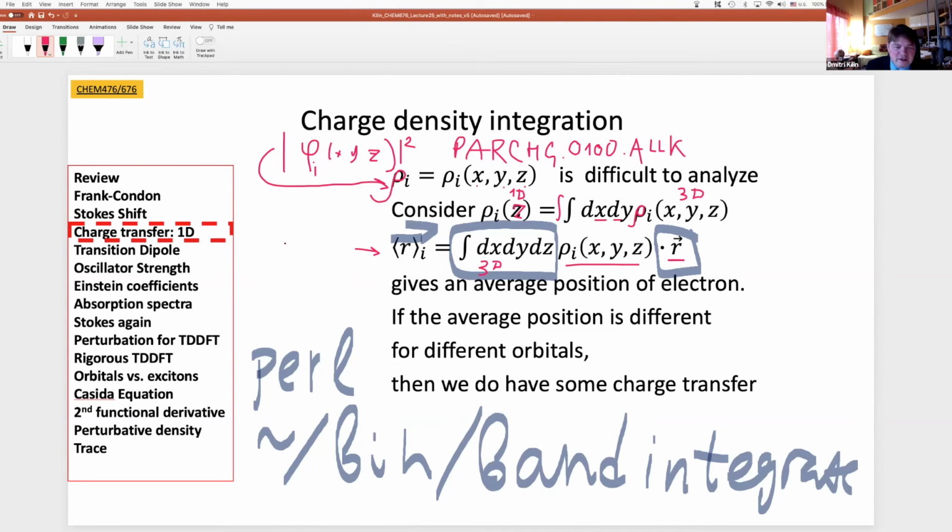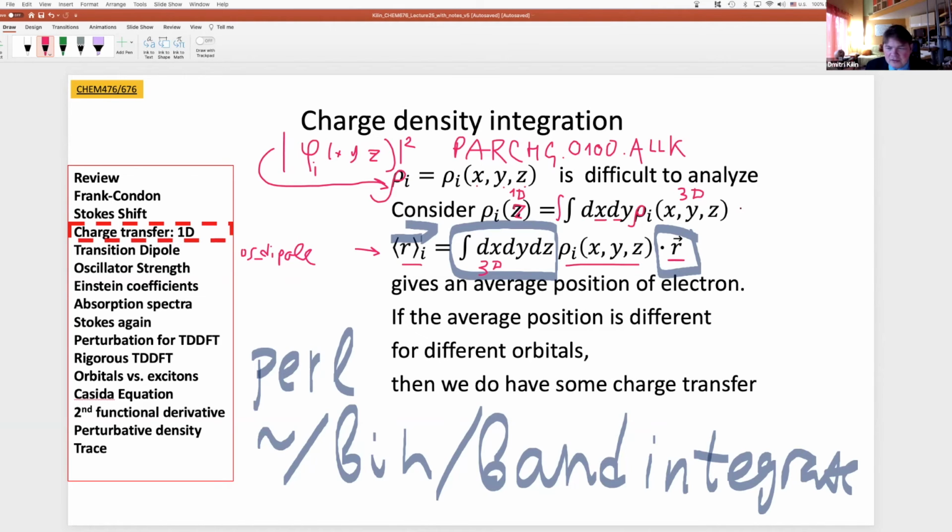This is related to the dipole procedure that we use for oscillator strengths and transition dipole. But in oscillator strengths, we look for transition dipoles, and here we look for static dipoles.